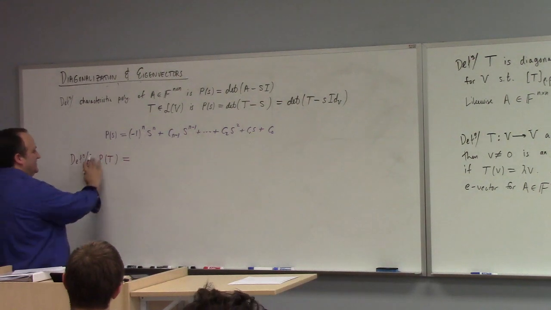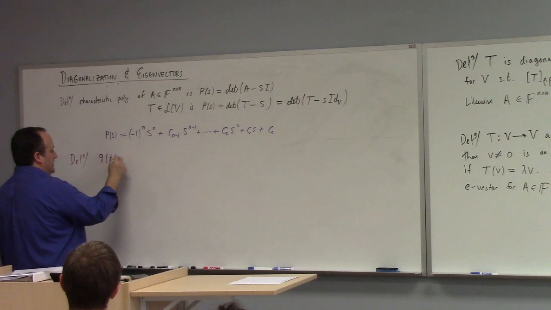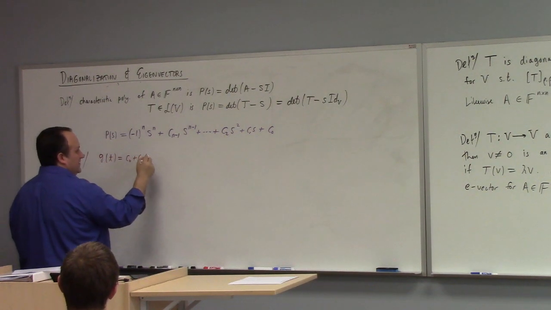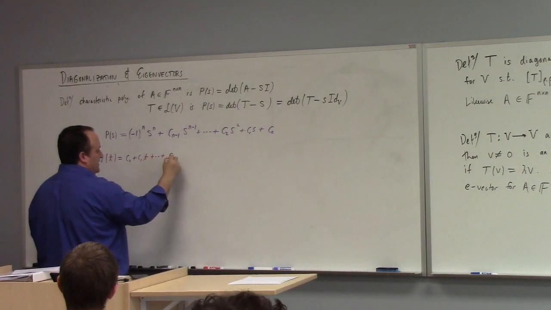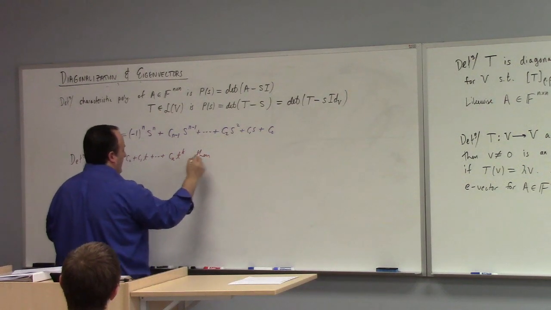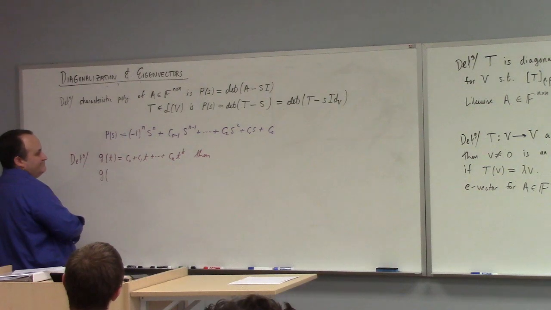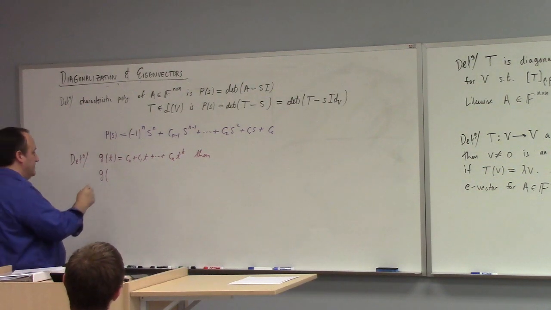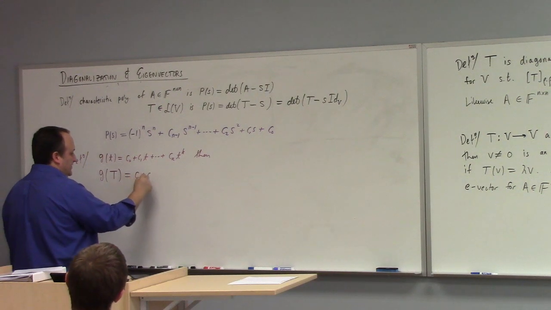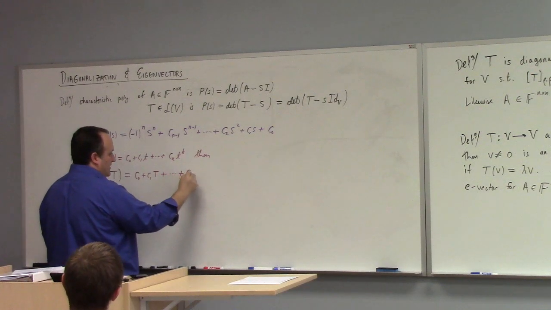Let G of little t be c0 plus c1 t plus and so on plus ck t to the k. Then if we take G of a linear transformation, I'll use big T for lack of imagination here, that means c0 plus c1 T plus and so on plus ck T to the big K.